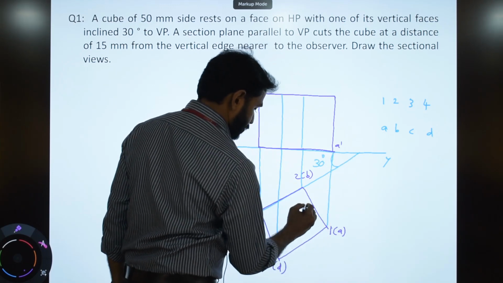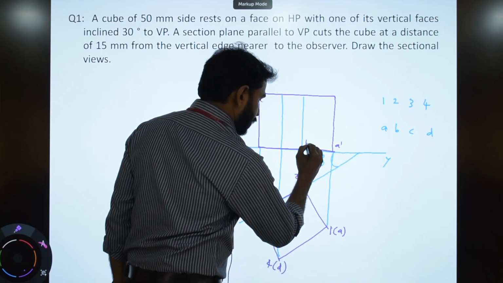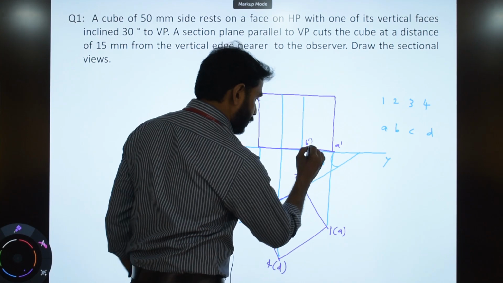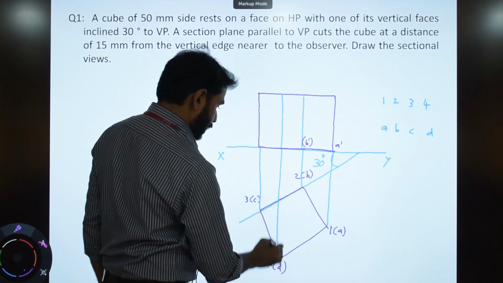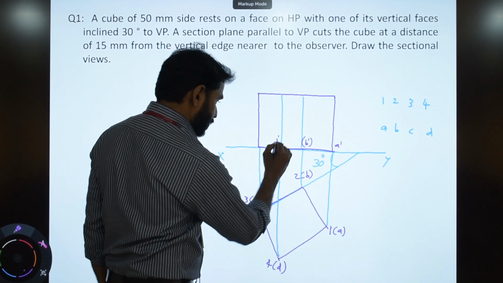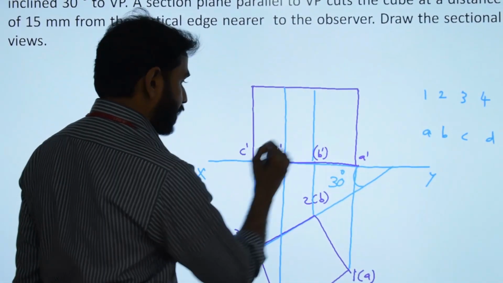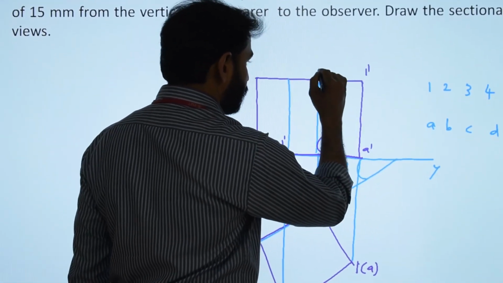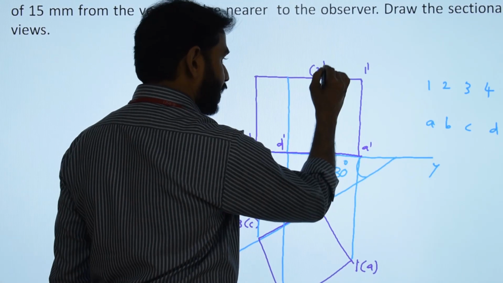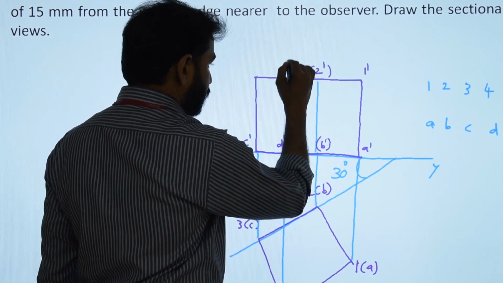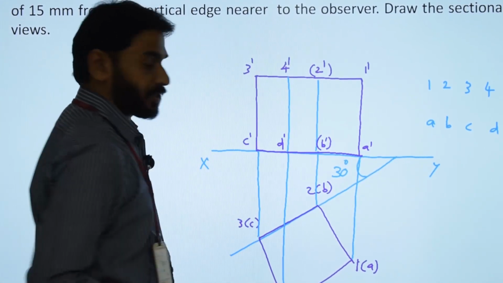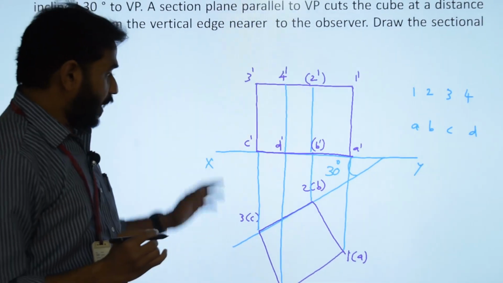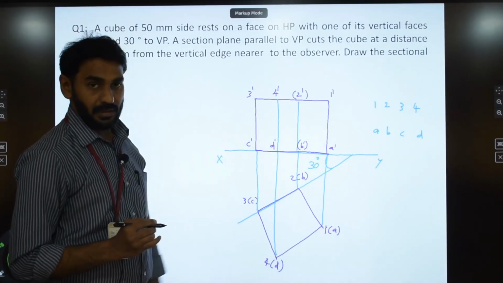A dash. Here B dash is at the back side, therefore we keep it inside the bracket. Then D dash and C dash. Similarly 1 dash, 2 dash is also at the back side. Then 4 dash and 3 dash. So we have completed the front and top views of the cube.